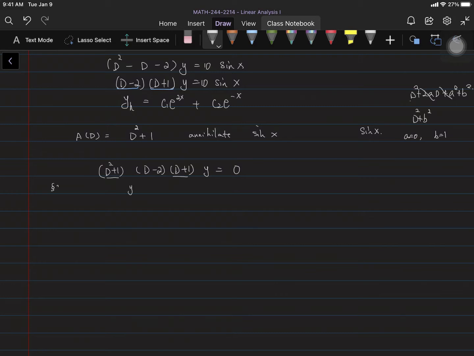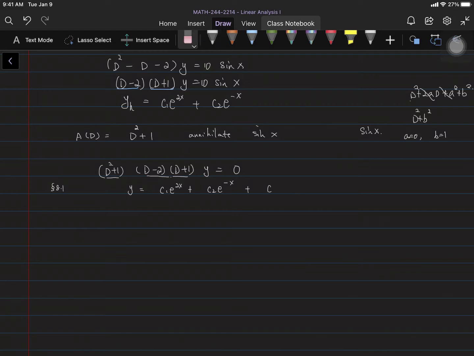Now let's write down the general solution to this one. You can refer to section 8.1 on how to write down the general solution. y equals, I'm going to write down the solution corresponding to yh, which is C1 e to the 2x plus C2 e to the negative x, and corresponding to D squared plus 1, we have sine and cosine.